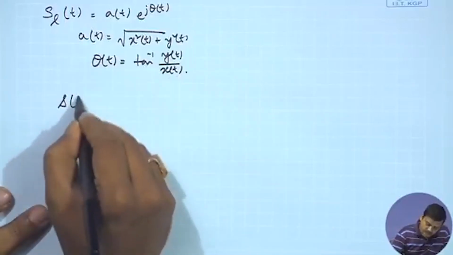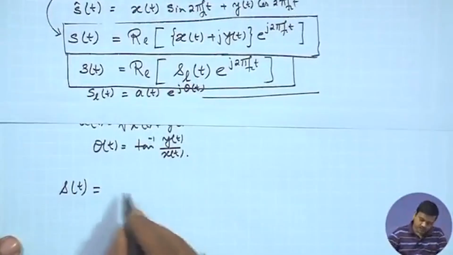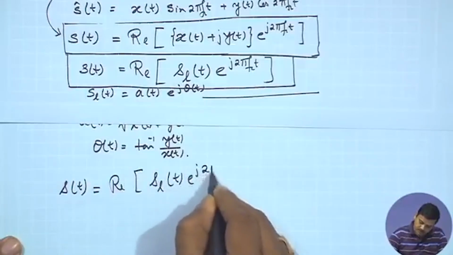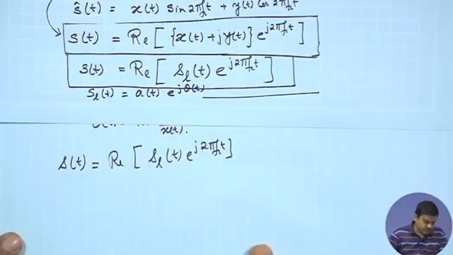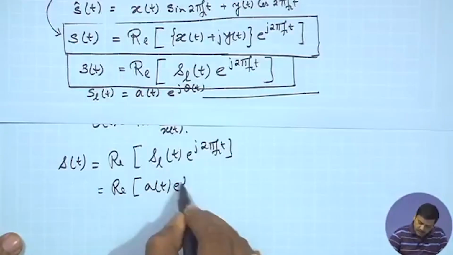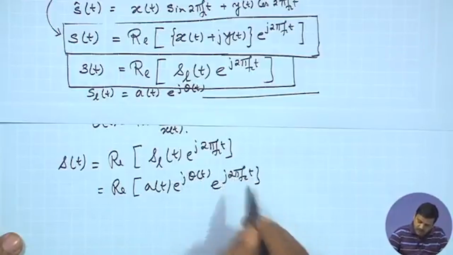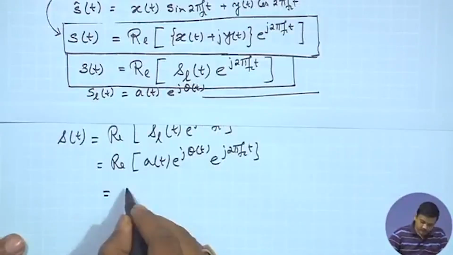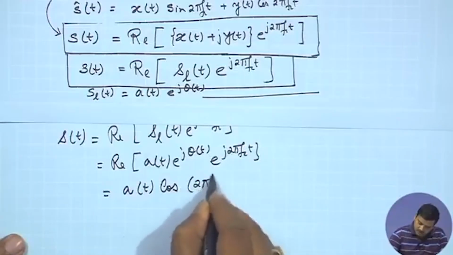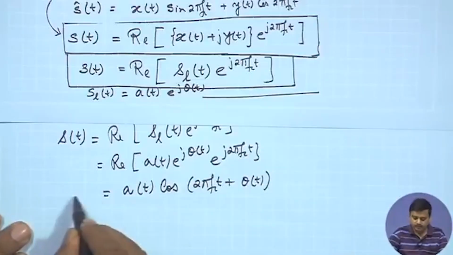So, one could write S t, going by these earlier relationships, as the real part of S L of t e to the power of j 2 pi f c t, which we would now write as A t e to the power of j theta t e to the power of j 2 pi f c t, which you could write as A of t times cos of 2 pi f c t plus theta t.